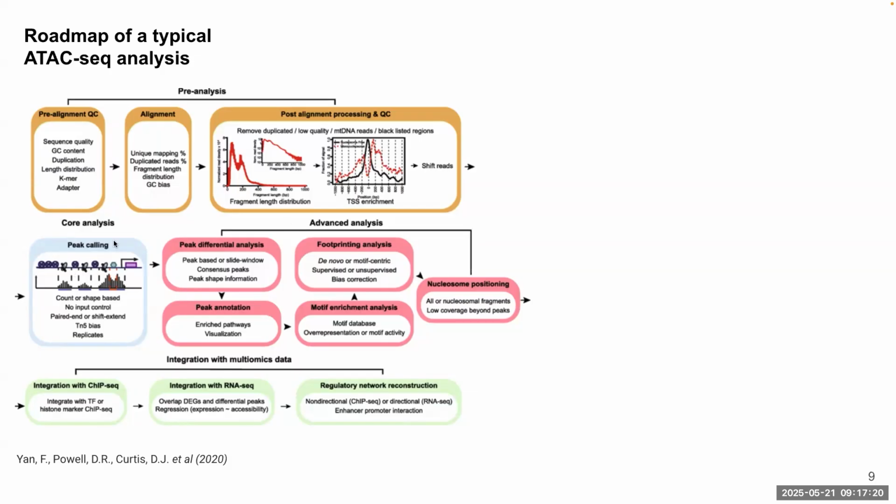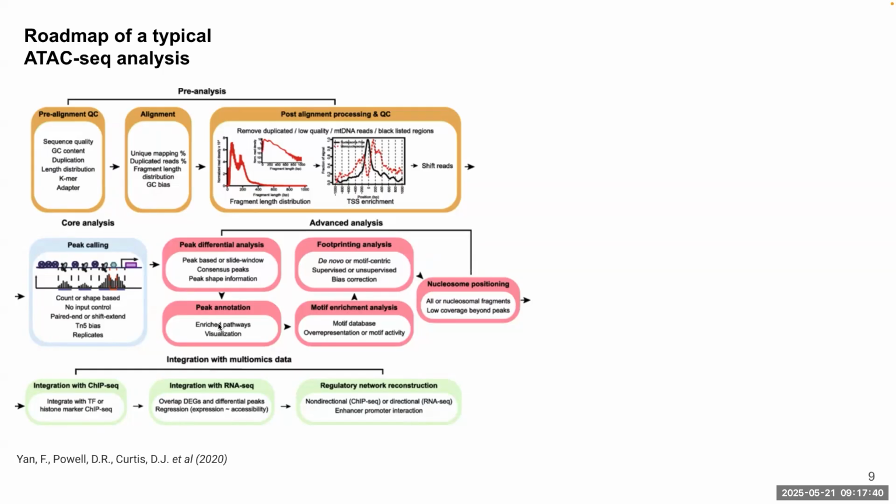But from there we also have an advanced analysis that includes different kinds of specific analyses, from differential peak analysis, looking for differences between peaks, as well as the annotation of the peaks.